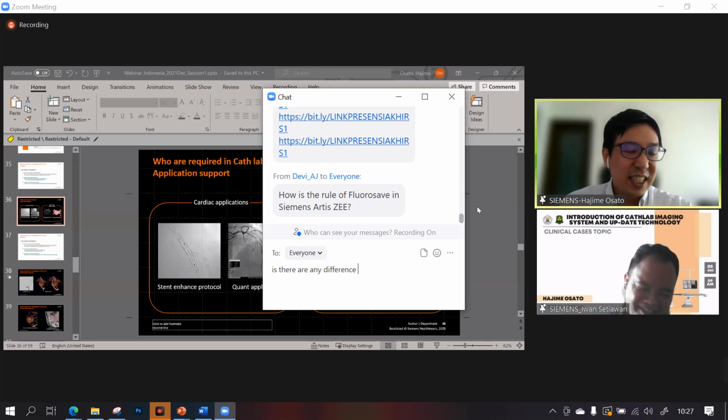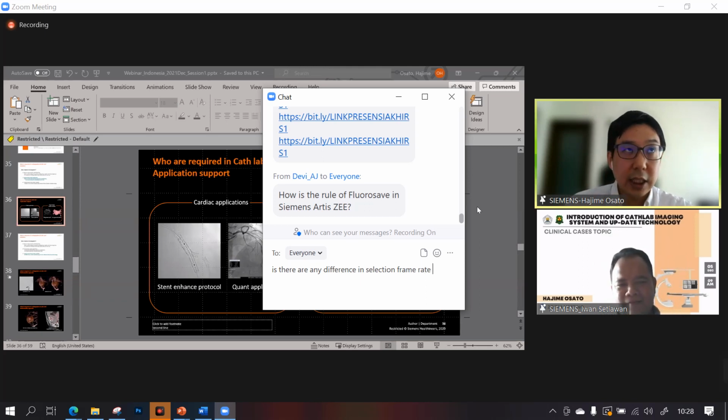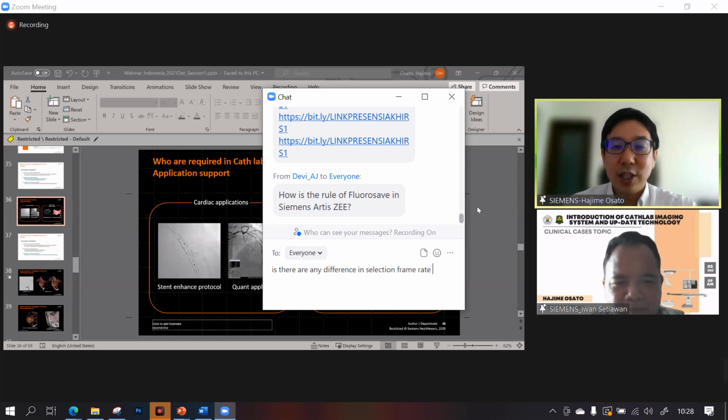After we stop the fluoroscopy, we can see the last image hold on the live monitor, and then the store fluoro icon is highlighted on the touch screen controller or your control monitor. After we press this button, it stores automatically.